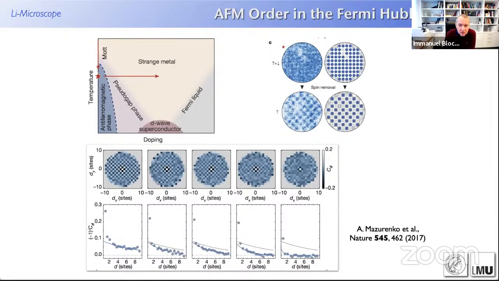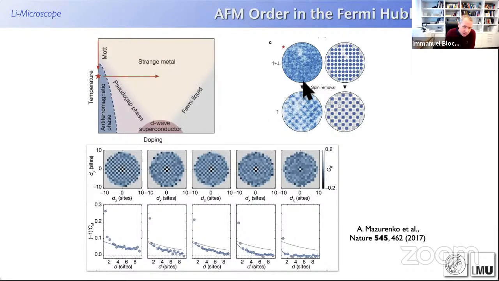Now, here's a nice trick that you can apply to see how the spin is oriented. You can remove one of the spin components. Let's say you remove the spin down component by shooting in a laser beam that pushes out those spin down atoms. Then you are left with only the spin up atoms.